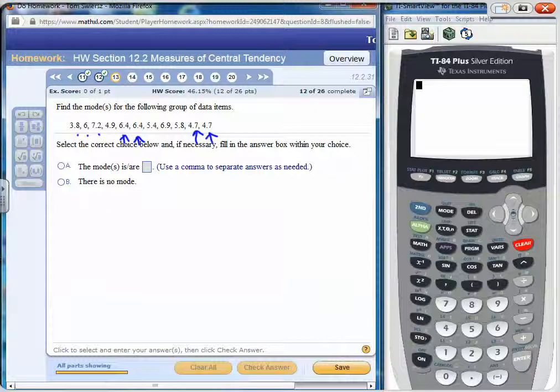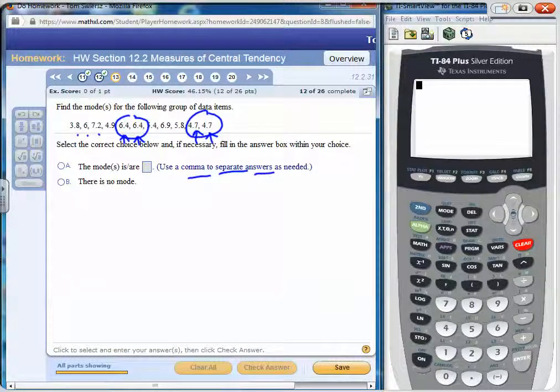So in this case, the 6.4 occurs twice and the 4.7 occurs twice, so it is bimodal. You would go ahead and say the modes are, and then use a comma to separate the answer.